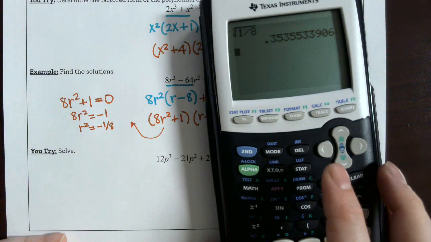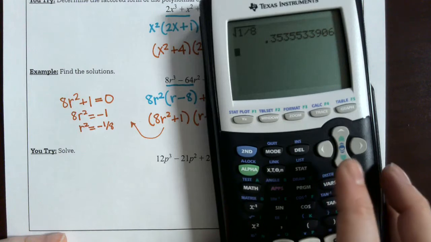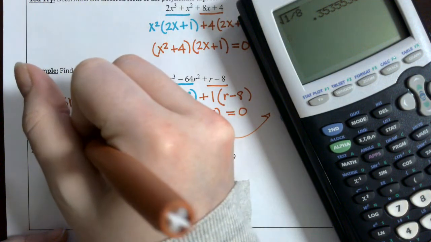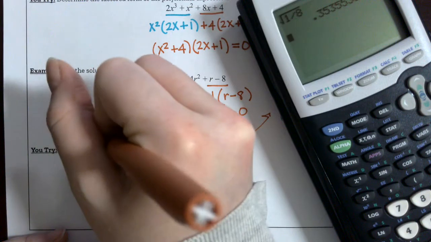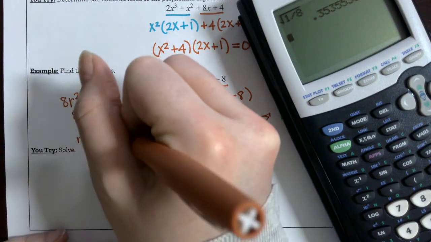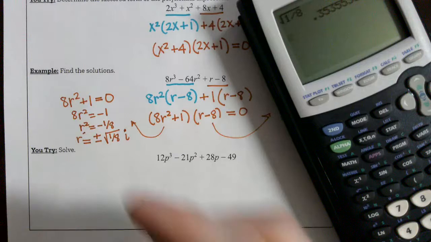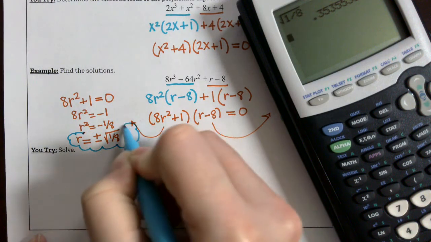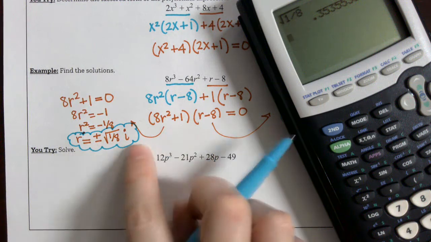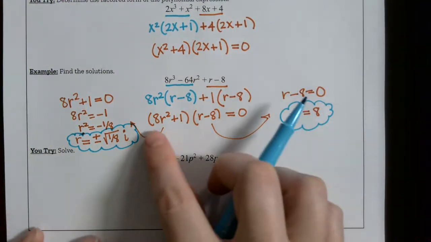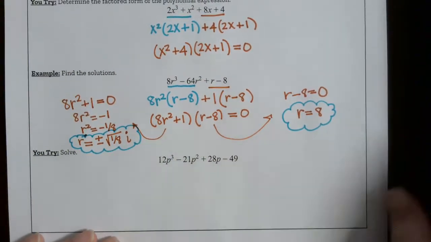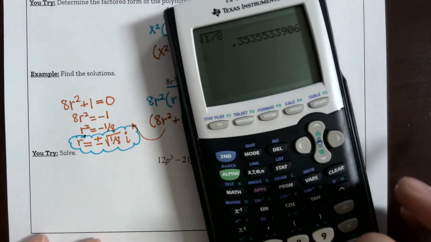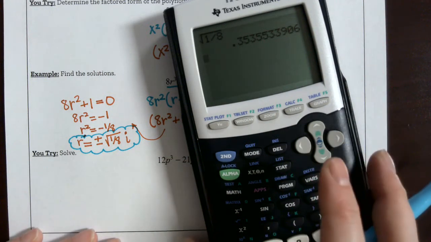And so I am going to leave it as positive and negative square root of 1/8, and then an i at the end because it's imaginary. Remember, whenever you take the square root, you should have a positive and negative answer. So plus and minus square root of 1/8, i. If you wanted to write plus and minus this number, i, so plus and minus 0.35 i, that works for me as well.